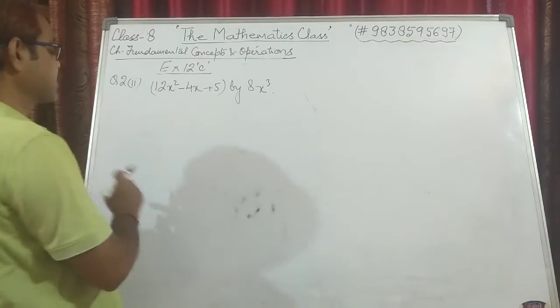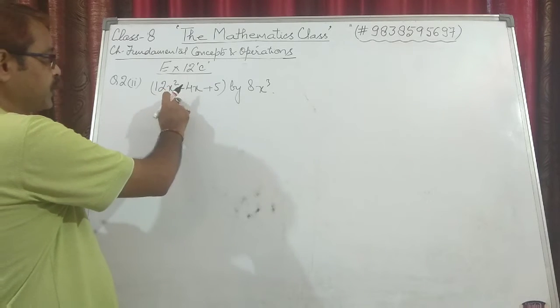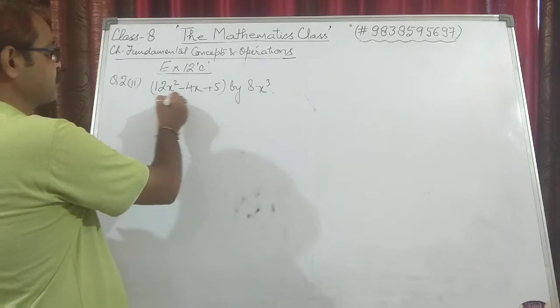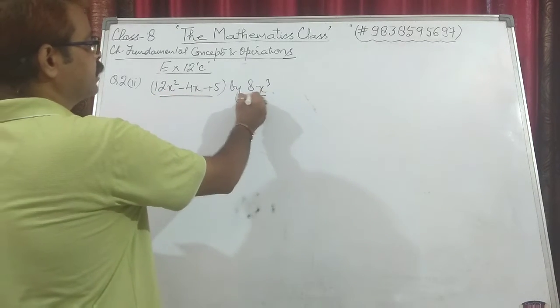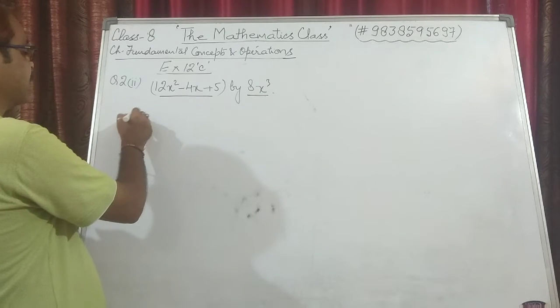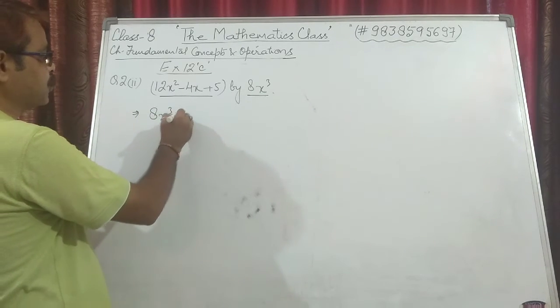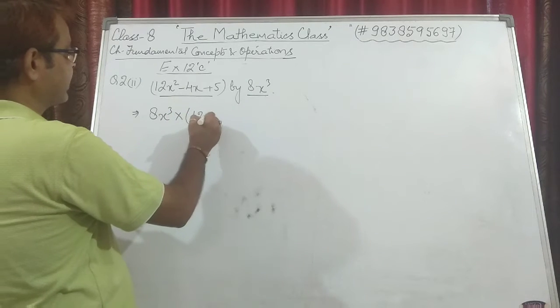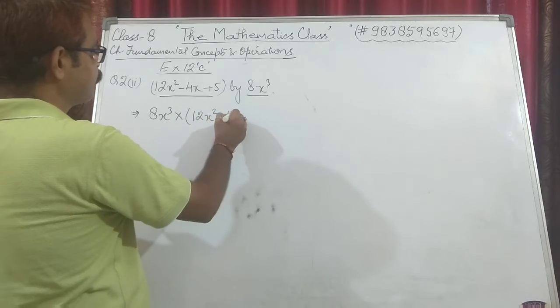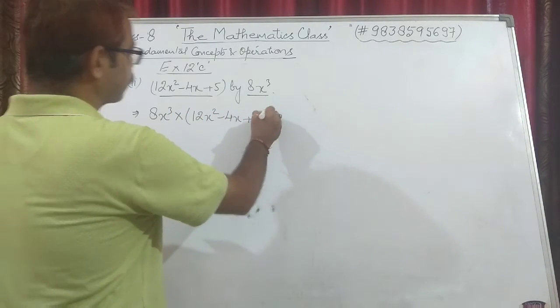Now we move on to question number 2. This question is an example of multiplication of a polynomial by a monomial. You can see this is a polynomial, but this is simply a monomial. So what we do, this can also be written as 8x cube into, and then we write in bracket 12x square minus 4x plus 5.